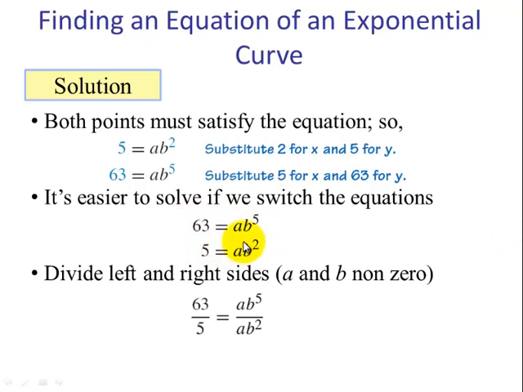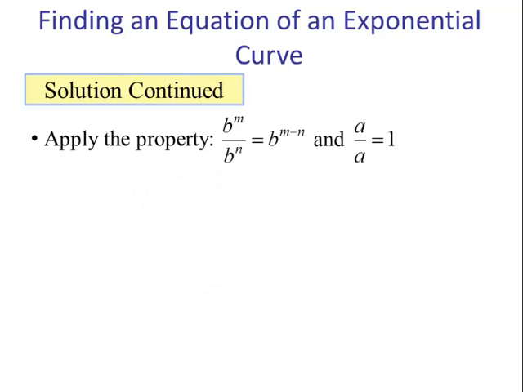So 63 divided by 5 is equal to a b to the 5th power divided by a b squared. Next, the a's will cancel, and then we have b to the 5th divided by b squared. These bases are the same, so we subtract the exponents, and we have b cubed equals 63 divided by 5.